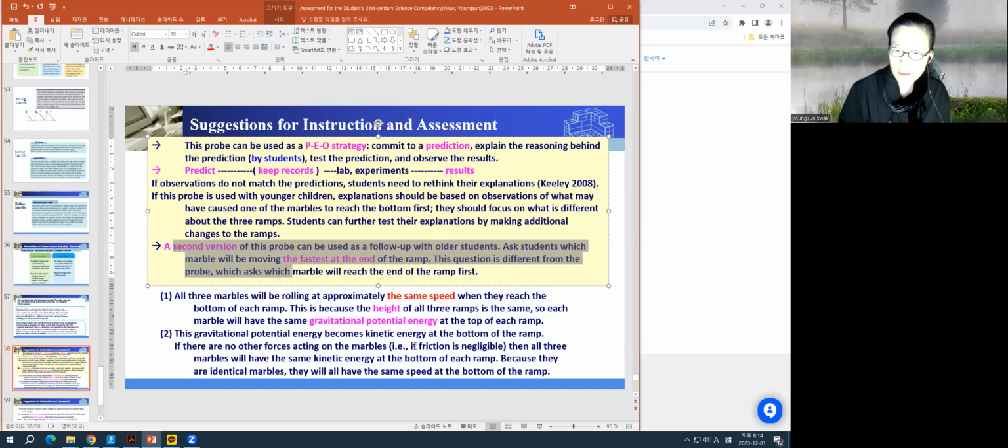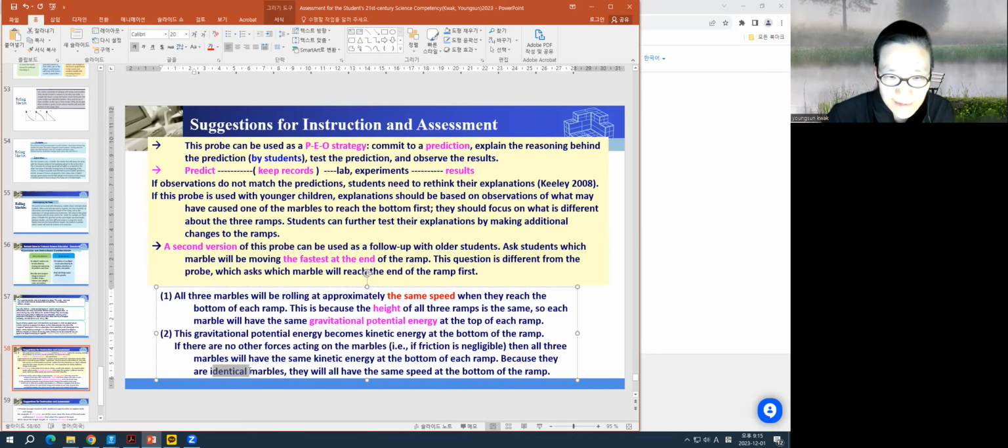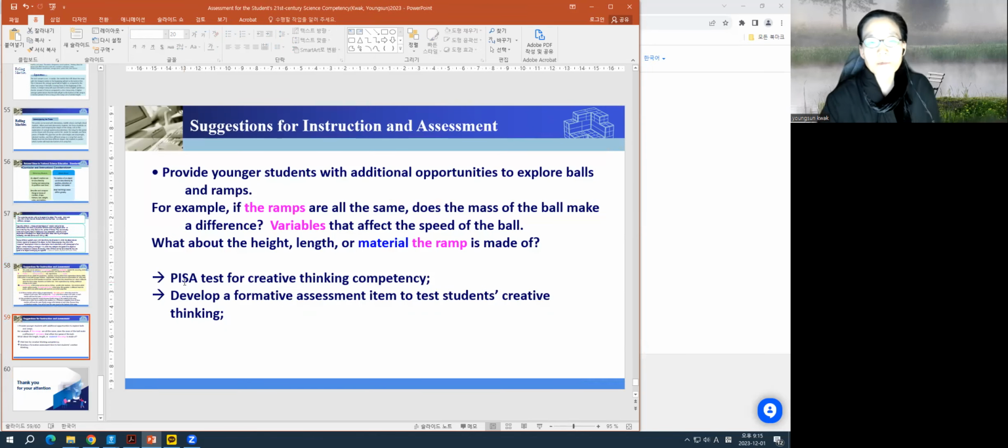In this situation, friction should be a control variable, and the marbles should be identical. That's another control variable.